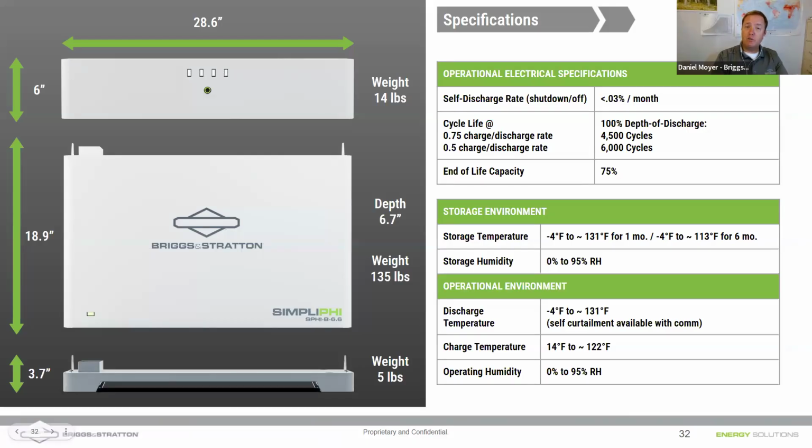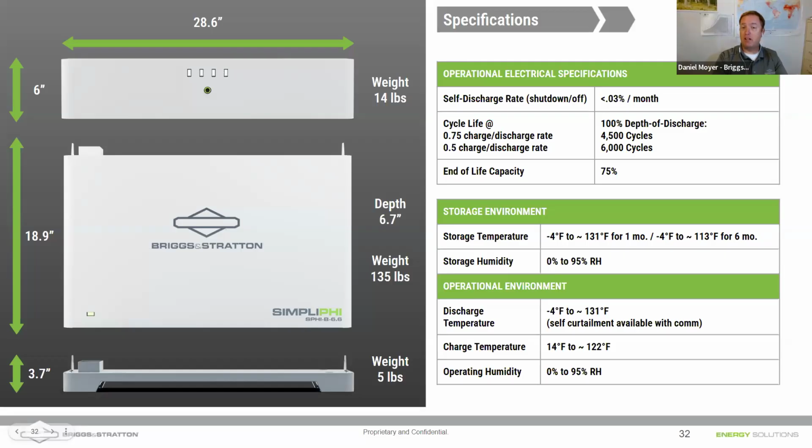It's notable that in our good old lead acid battery days, Andrew, we always talked about depth of discharge being the deciding factor on the number of cycles we'd get out of a battery. That's still true, it does affect it, but with these lithium iron phosphate batteries, it's really the rate at which you charge or discharge the battery, how fast you charge it or how quickly you discharge it, that can affect the cycle life.